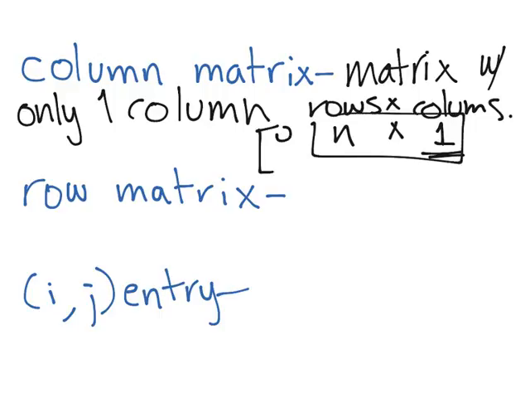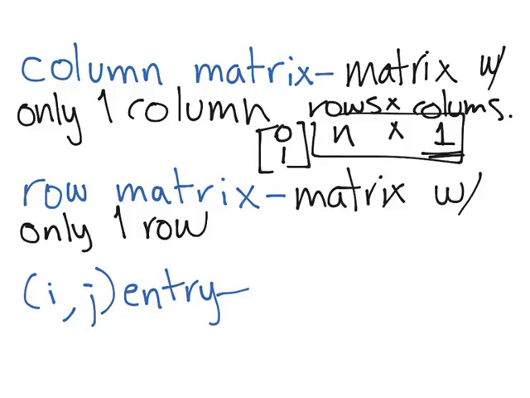For example, a column matrix would be something like this, something with just one column. You might guess what the row matrix is. It's basically the same thing, but instead of having only one column, we have only one row. So the size of this matrix is going to be 1 times, and let's put C for columns.